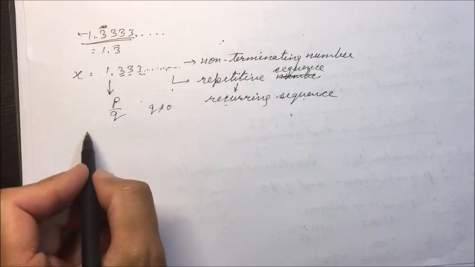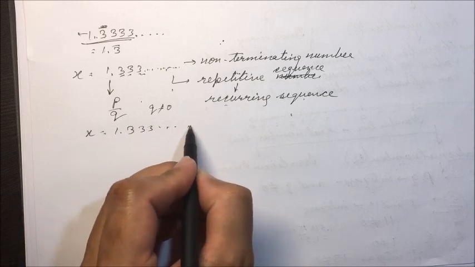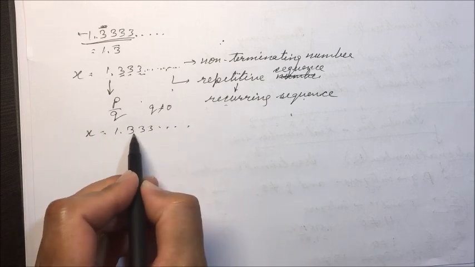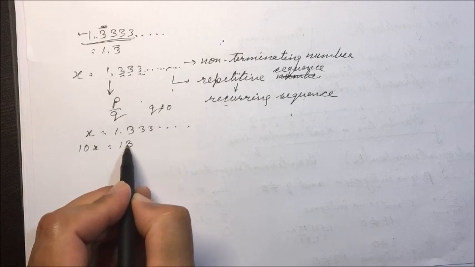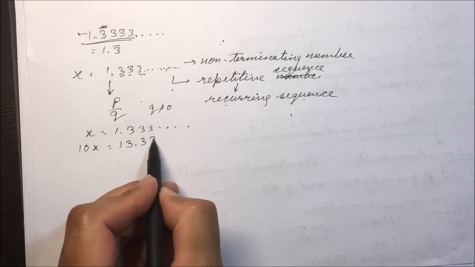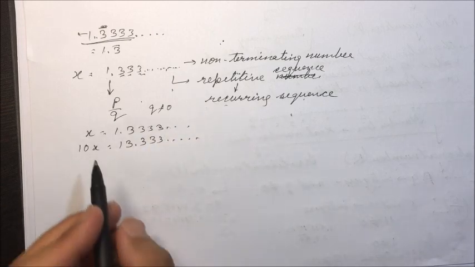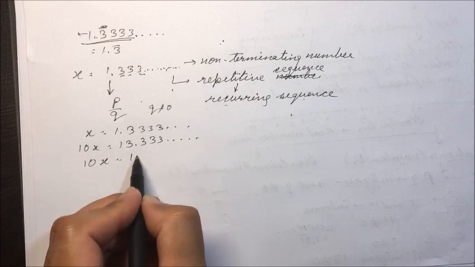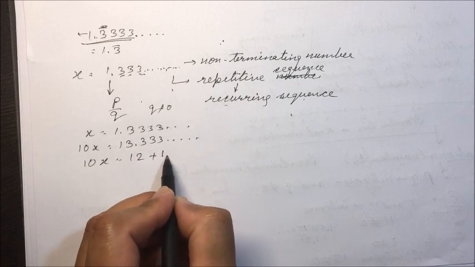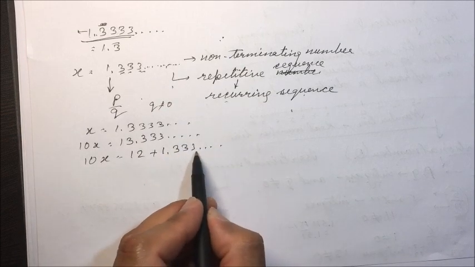So if I am taking x equal to 1.3333, see here only one digit is repeating, so we multiply it with 10 on both sides, it will be 13.3333. So 10x equal to 13.3333. Now it can be written as 12 plus 1.3333. And what is this? This is x.